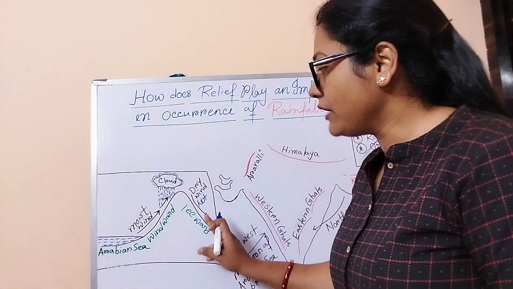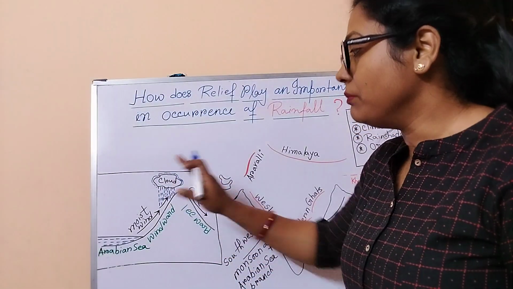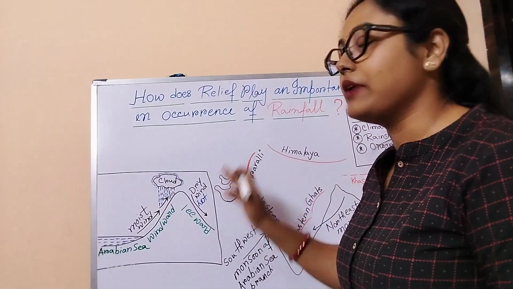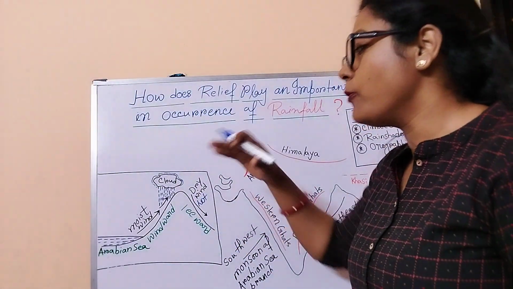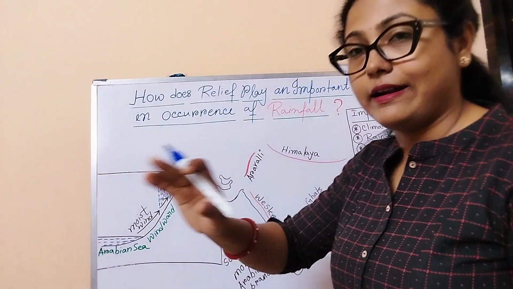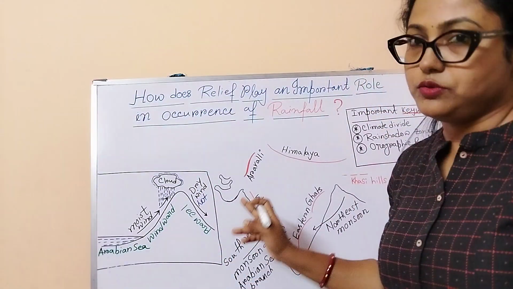So which part of the relief is called the rain shadow zone? The part of the mountainous relief or hilly range which doesn't get rainfall, which is situated on the opposite side of the moisture laden wind, is called the rain shadow zone.